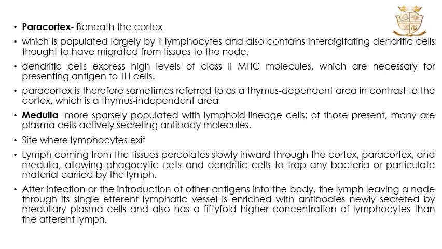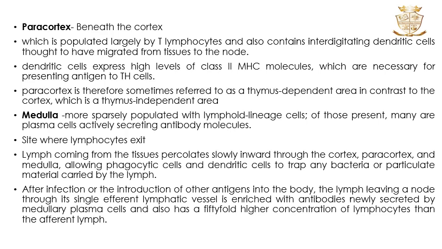It is largely populated by T lymphocytes and contains interdigitating dendritic cells, which migrated from tissues to the node. These express high levels of class II MHC molecules, which are necessary for antigen presentation to TH cells.